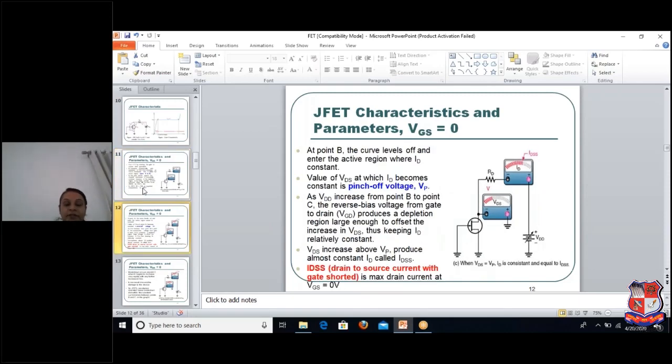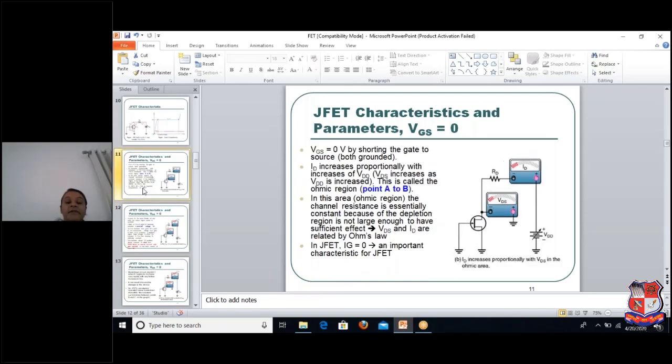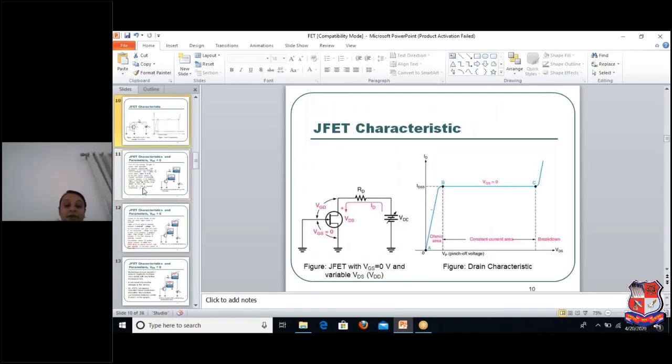At the B point, the curve levels off and enters the active region where ID becomes constant. Up to here, this is known as the ohmic region. Whenever the drain current becomes constant, suppose you increase VDD to 1 volt, 2 volt and 3 volt.